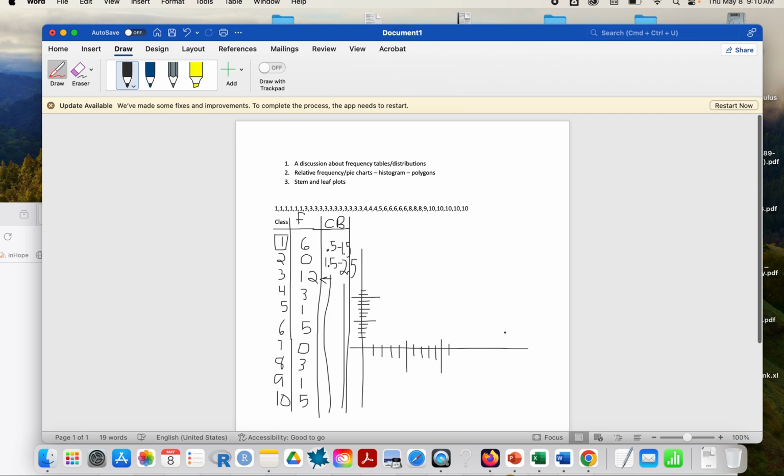You really should always have a title, and you really should always have labels for both axes. Okay, so this one should be your frequency, and whatever the frequency that you're talking about, and then here you can have whatever your units are for classes.